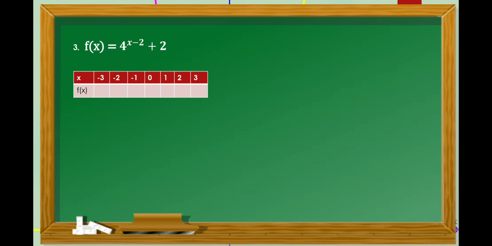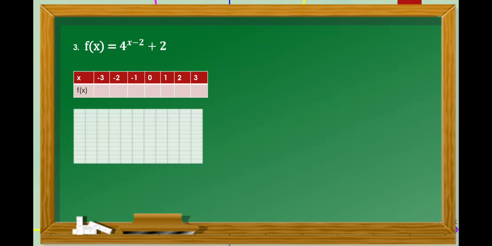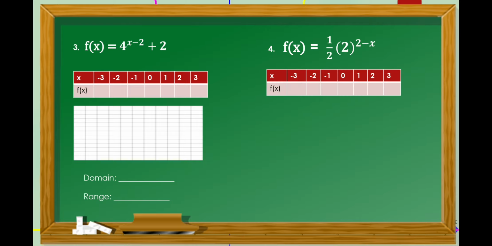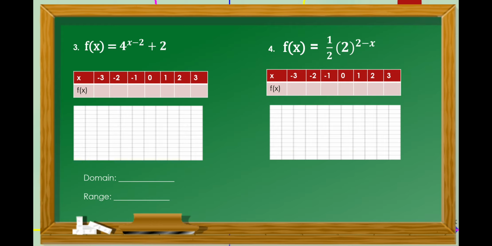So same, complete the table, sketch the graph, find the domain and the range. For number 4, function of x is equal to 1 half times 2 raised to 2 minus x. Complete the table, sketch the graph, find the domain and the range.